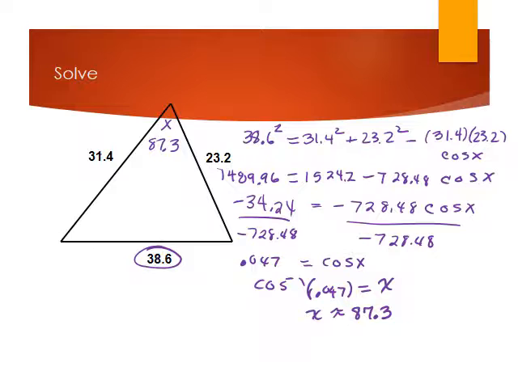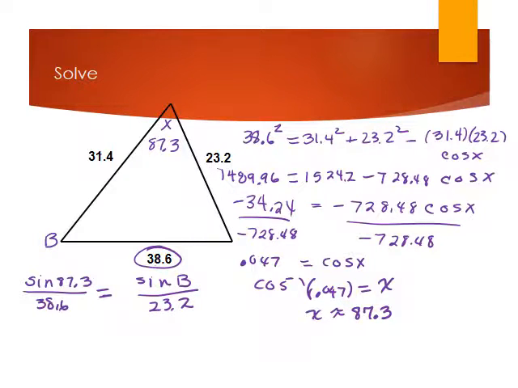So I'm going to use a combination of law of sines and law of cosines. So we're going to do the sine of 87.3 over 38.6 equal to the sine of, we're going to call this one b, over 23.2.